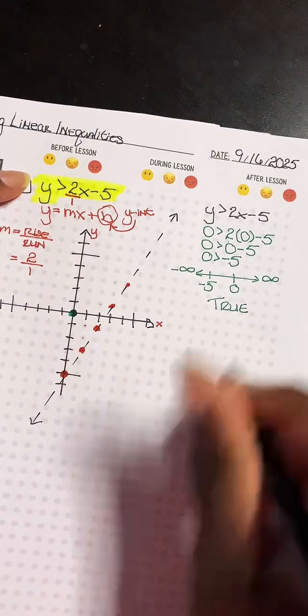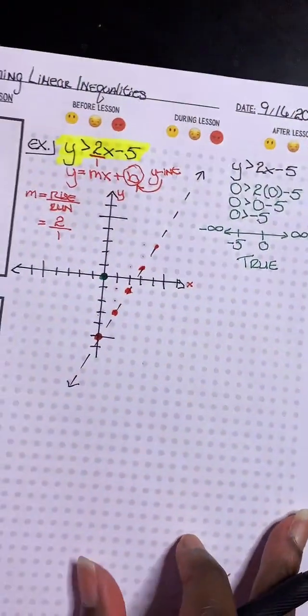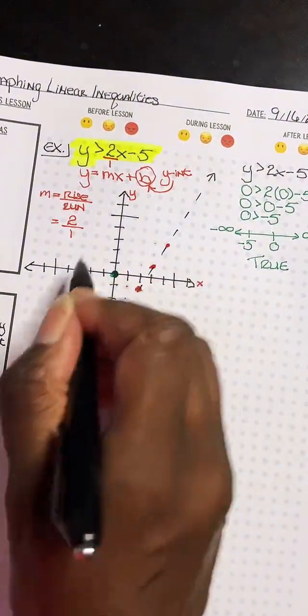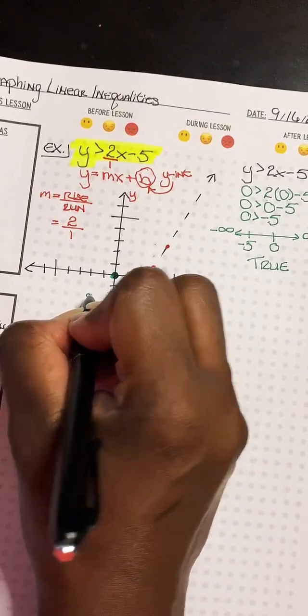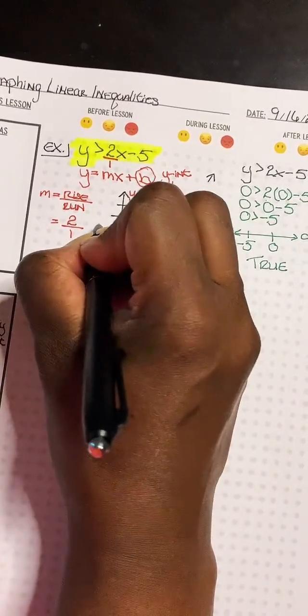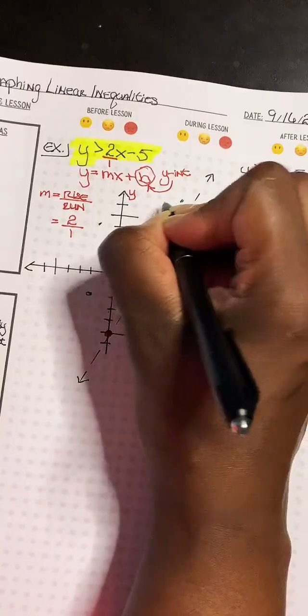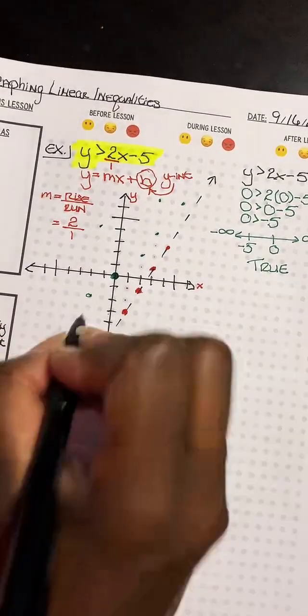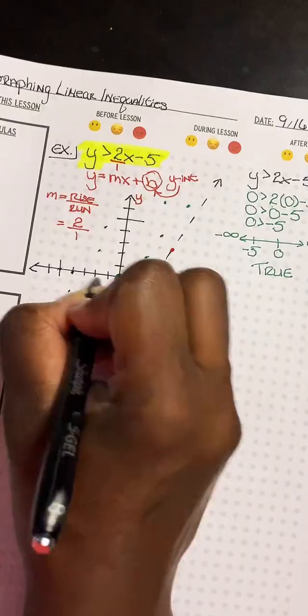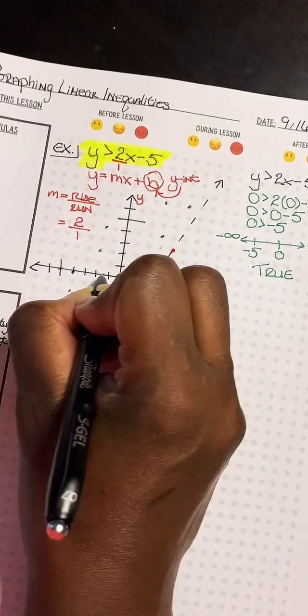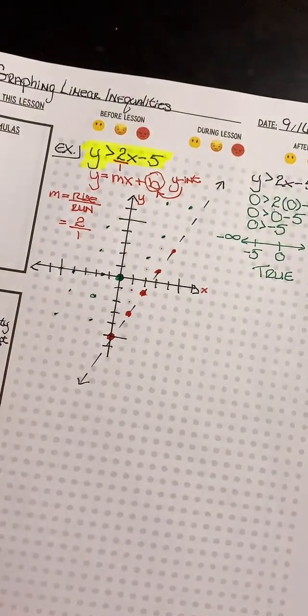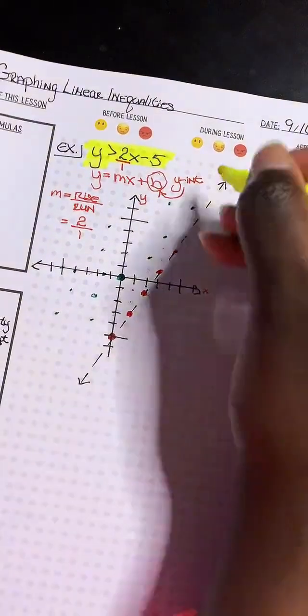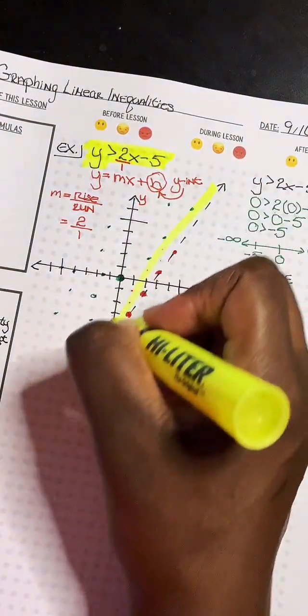So instead of picking each and every single solitary point over here, look at all these points. Everything that's on this side of the boundary line is going to give us a true statement. So instead of us picking each and every single solitary point, even the points in between, we decide to shade.